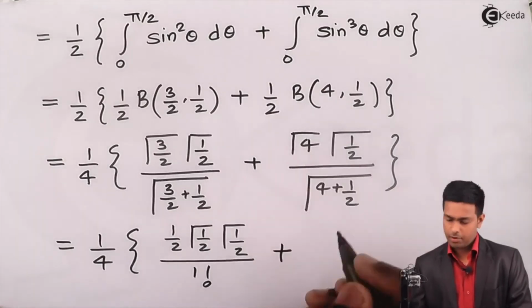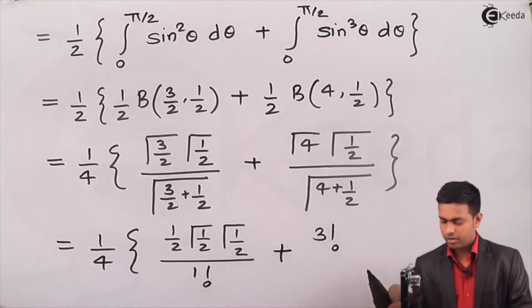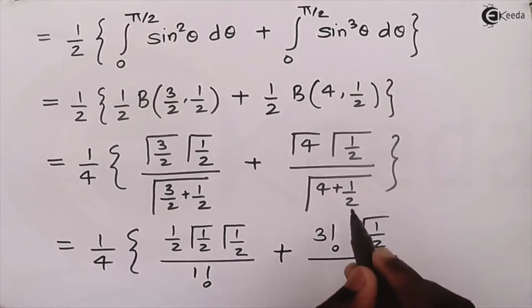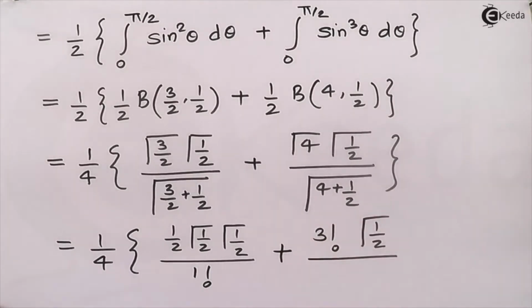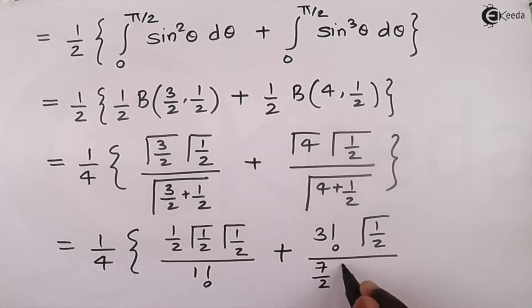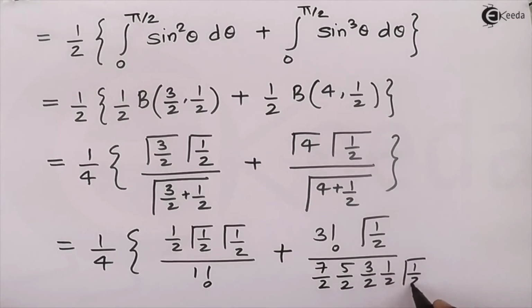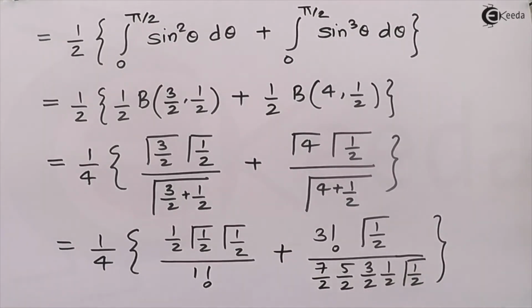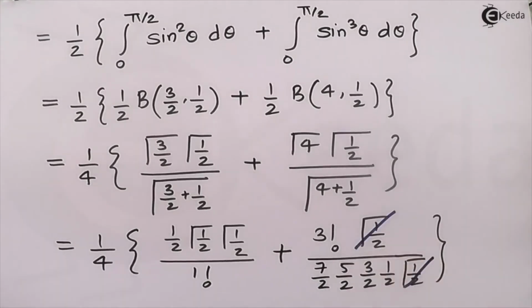Plus gamma 4, that is 3 factorial, gamma 1 by 2 as it is, upon this will be 9 by 2. So 9 by 2 will be written as 7 upon 2, then 5 by 2, 3 by 2, 1 by 2 and gamma 1 by 2. So guys, here we can cancel this gamma 1 by 2.